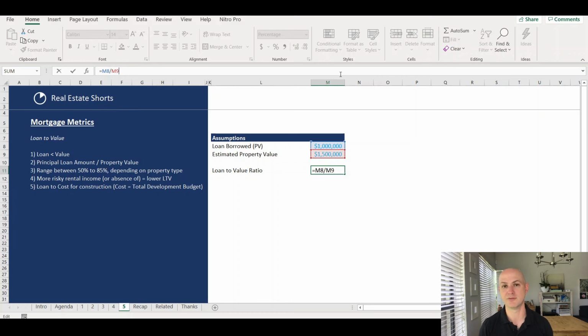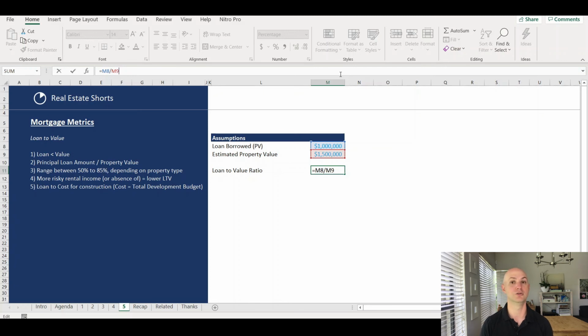A great example of this is a construction lender who's willing to give you a certain amount now, say to help you buy the land, and then they'll help you fund more as you go. With every month that goes by and your construction makes more progress, they'll lend you a bit more, but they're not going to give you all the money up front, because then the loan to value or loan to cost ratio would be out of whack.